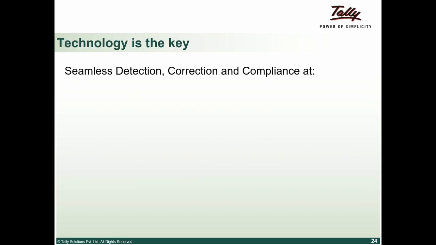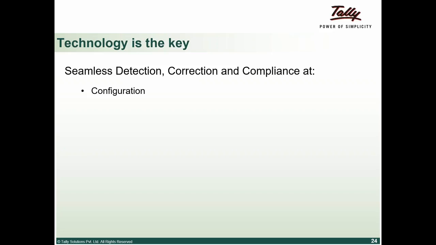If you see here, technology plays a role. We were talking about technology being the key. So what should be the technology system or software which would help? I'm talking from an overall technology perspective, right? Any technology should help GST dealers seamlessly in detecting, correcting, and complying at various stages.